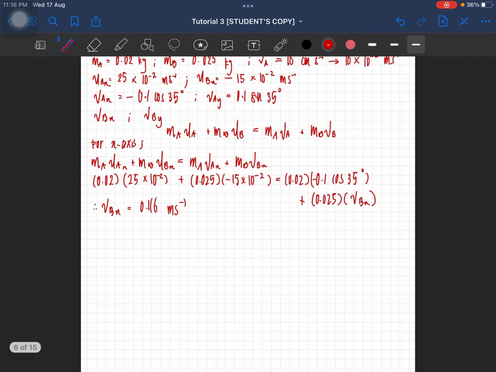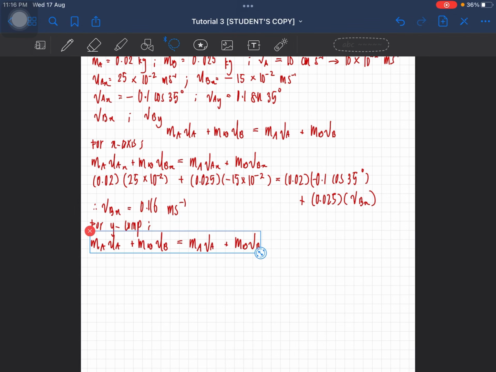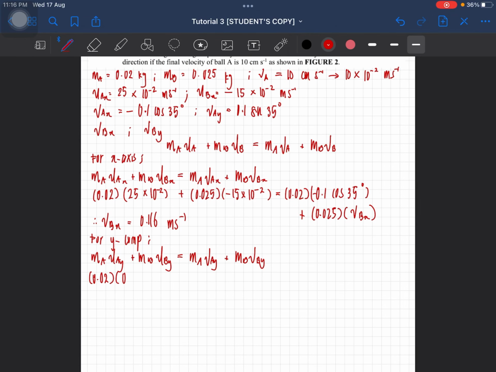Now we have to consider the y component too, because we don't have the y component for ball B, which is the final velocity for ball B. Let me just paste this. So we have y, y, y, and y. MA again is 0.02. The initial velocity for the y component is 0, so it will be equal to 0 here, but just write it.